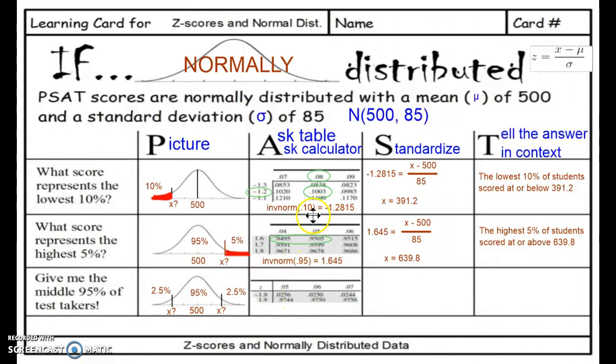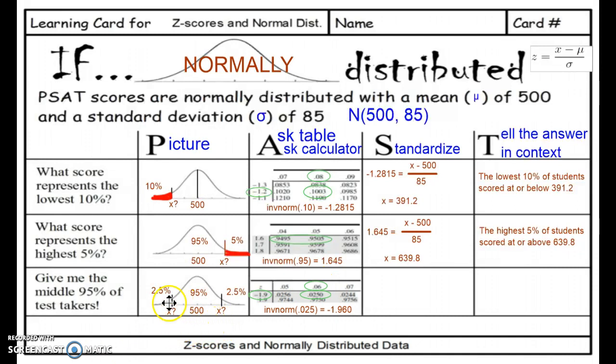That's important when I go to my calculator or my table, because the table or the calculator is always expecting the area to the left of the x value or the score that you give it. So for the z-score that I want here, I have to put in inverse norm for 0.025 into my calculator, or I can just look at my table and find that 0.025 is right there, which would be negative 1.96.